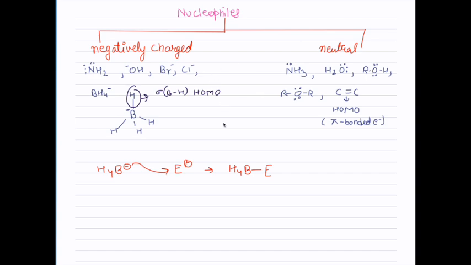If I come to the electrophiles, again, electrophiles should have LUMO, which can again be positively charged or neutral.